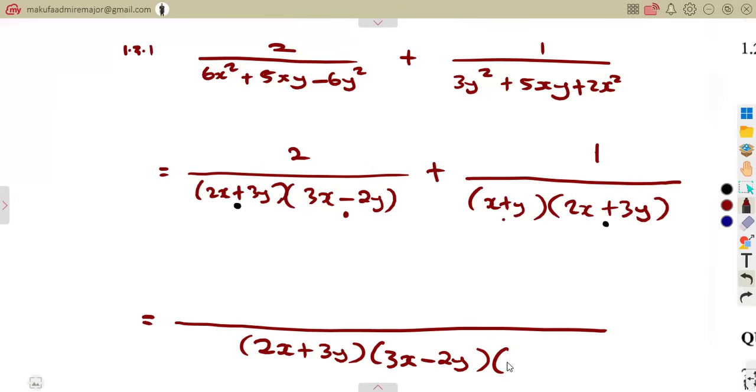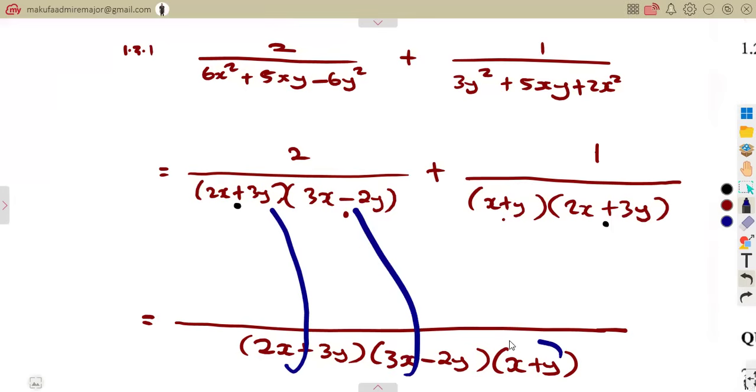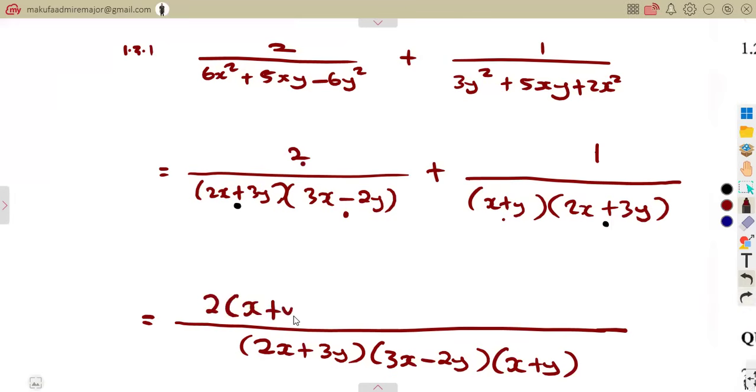Also, we have got x plus y. Every part of the bracket in the denominator has to be taken. So the LCD divides to this denominator. So if you divide, you're going to see that the 2x plus 3y, the 3x minus 2y, we're going to cancel. You are going to remain with what? With x plus y. What you remain with is the one that you multiply to the numerator, x plus y.